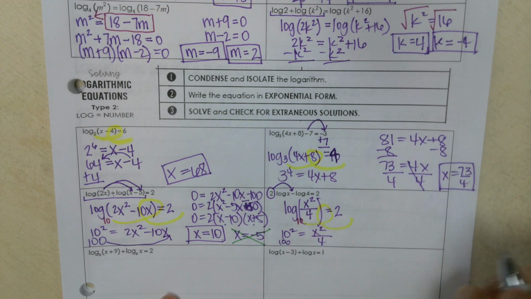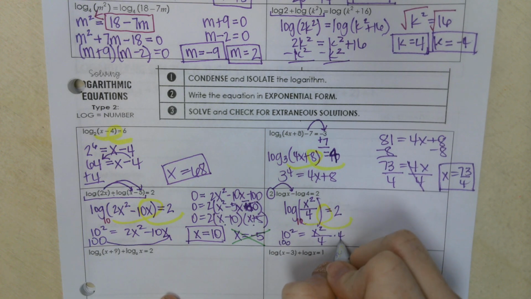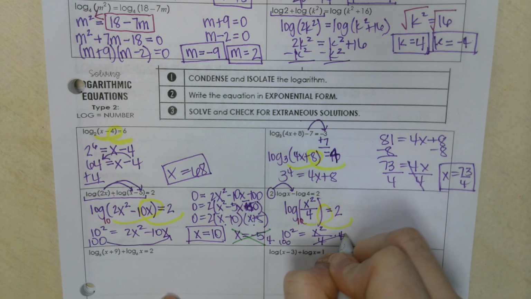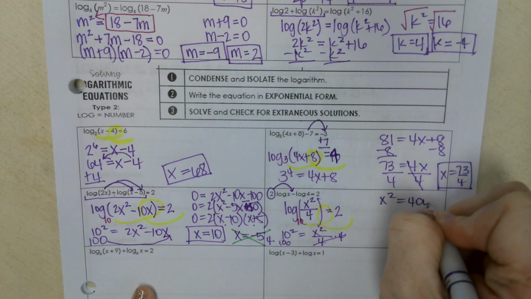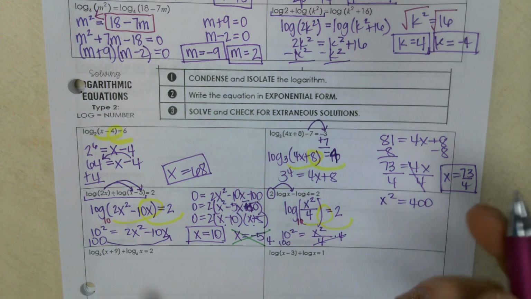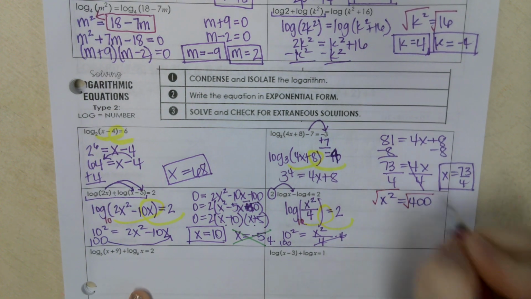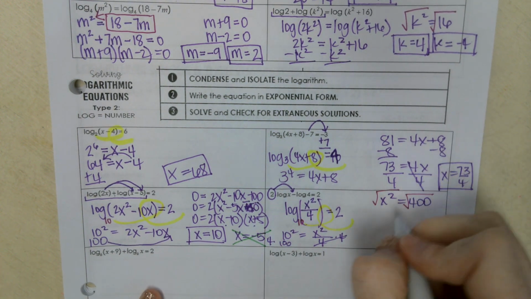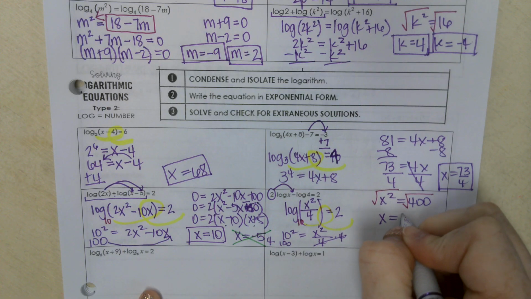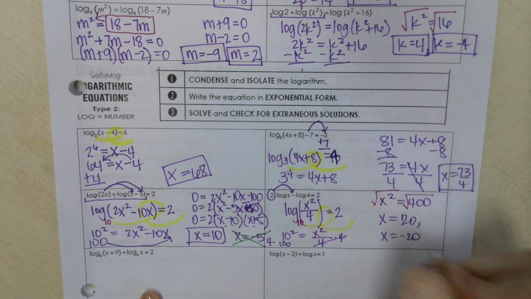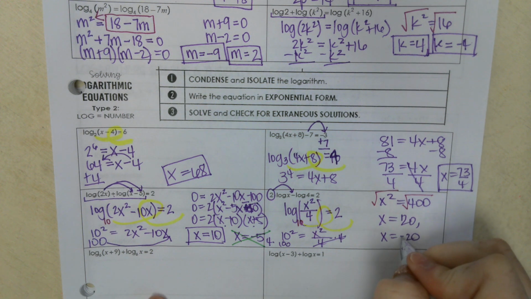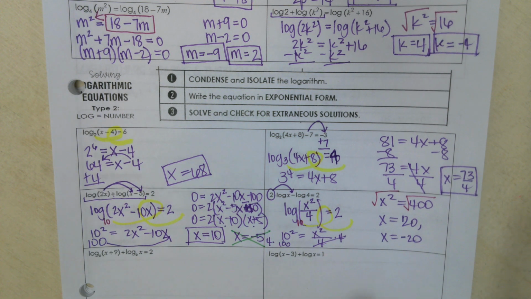This becomes 100. And I want to get rid of the division. So right here I have x squared equals 400. And when I take the square root of 400, that gives me positive 20 and negative 20. Okay, you got to have a plus or minus when you take the square root.